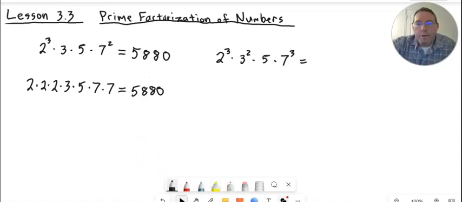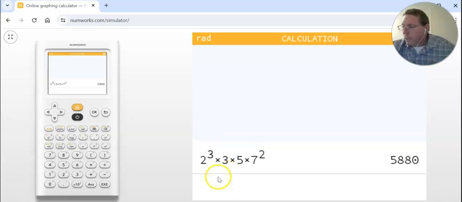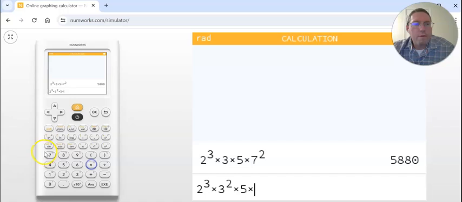All right, so I'm going to do that now. So let's see here, I'm going to do 2 to the power of 3, then I'm going to come out of the exponent, times 3 squared times 5 times 7 to the power of 3. There we go.